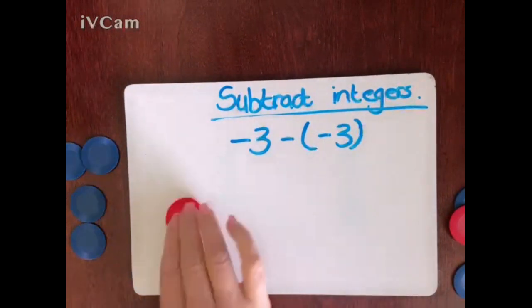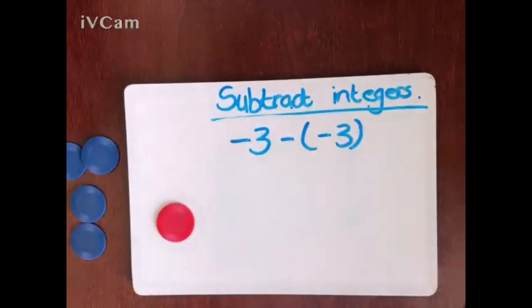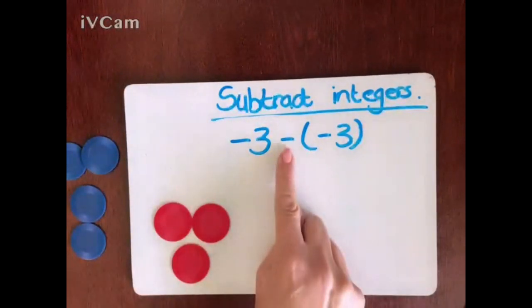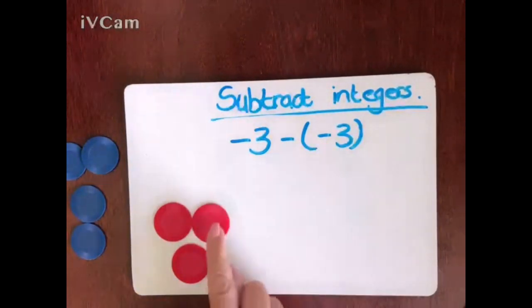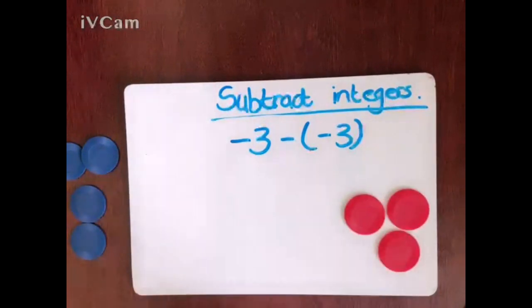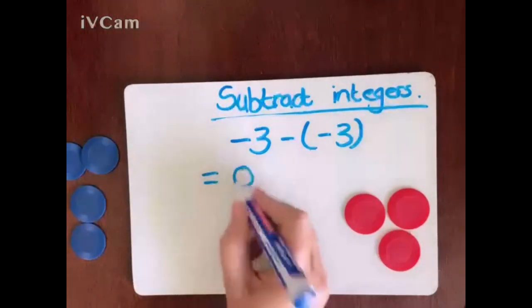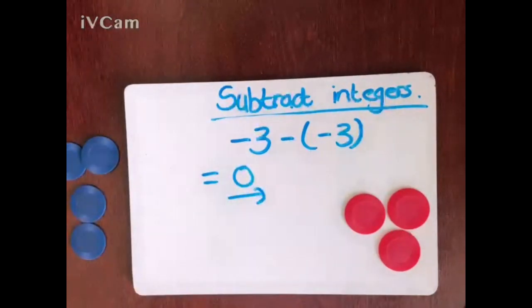So let's model this. 3 red Smarties, and I'm giving away 3 red Smarties. 1, 2, 3. Right. So what am I left with? With nothing.